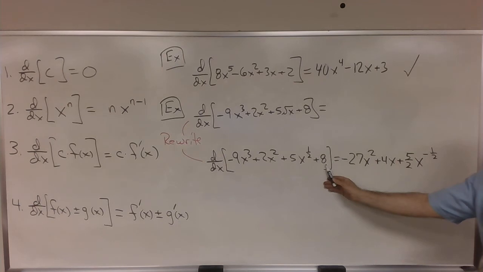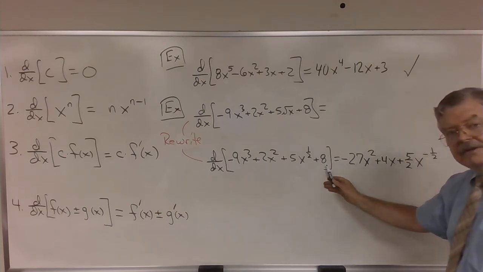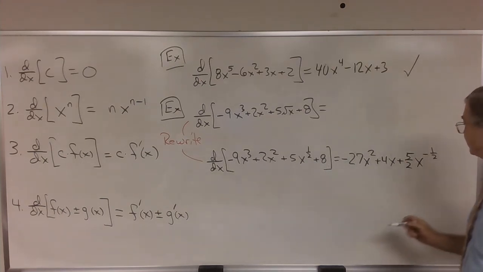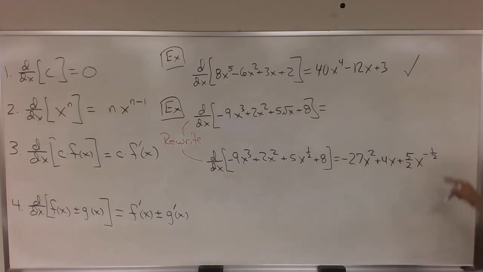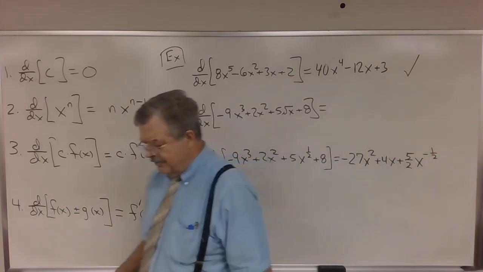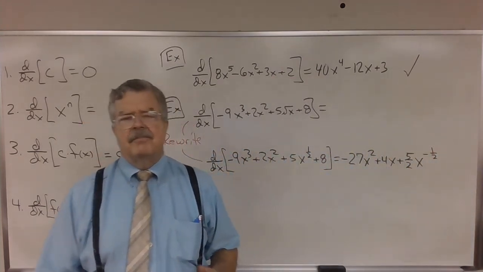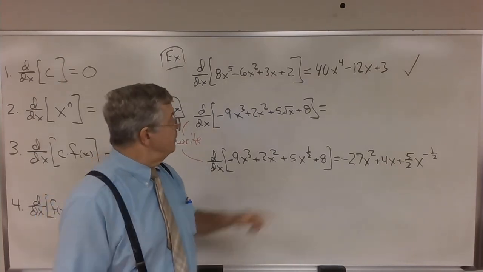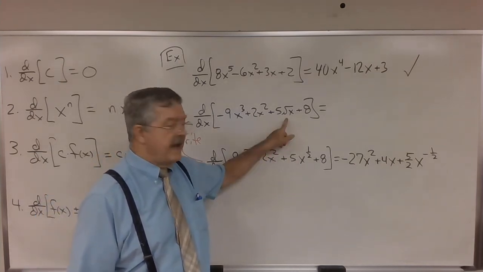The derivative of 8 is a constant, so its derivative is, what's the derivative of a constant? 0 plus 0. So this is our derivative. So what we've learned how to do so far is compute the derivative of any polynomial plus a little bit more than that.